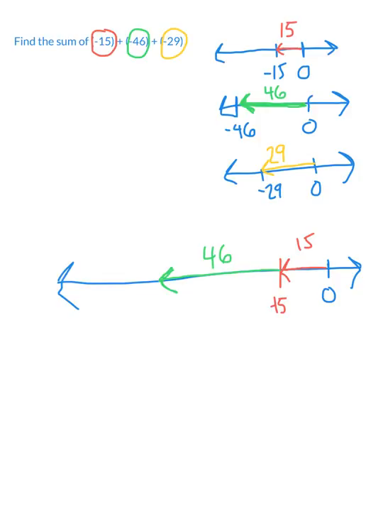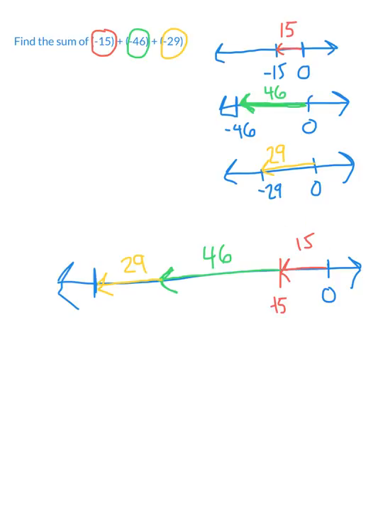So let's add my negative 29. And then there's 29 with a distance of 29. So what number do I get when I land all the way out here? What number is that? Well, I just have to add up all of these distances.